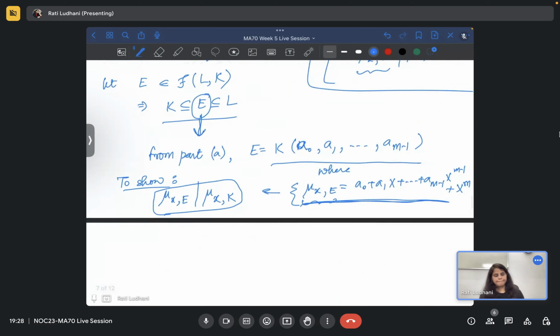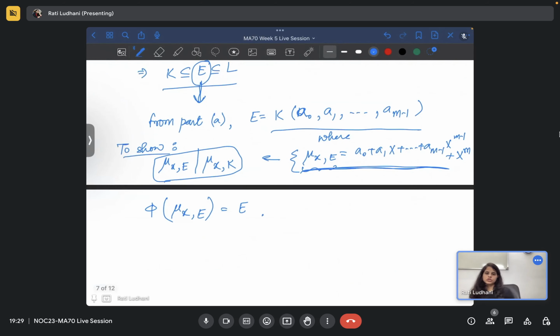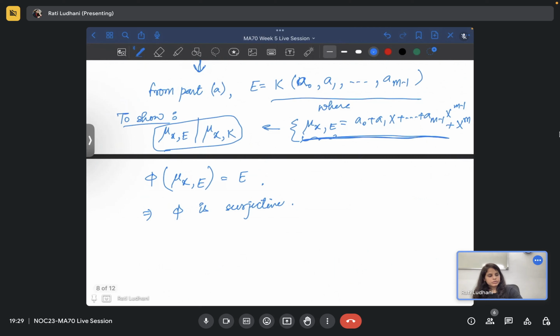So we have proved that phi of this mu_{x,E} is exactly your E. Surjectivity is done. Since E is an arbitrary element of J(L, K), phi is surjective. And since phi is surjective, what does this mean?